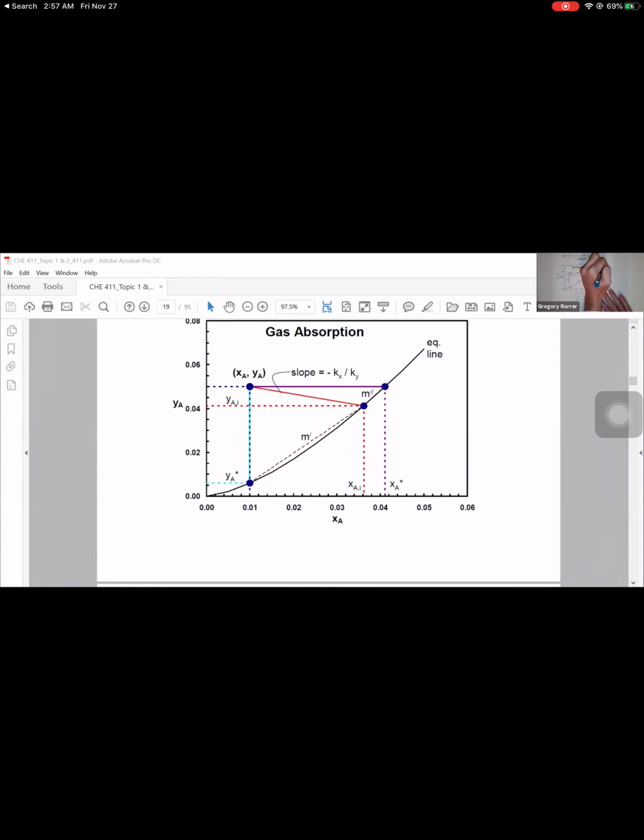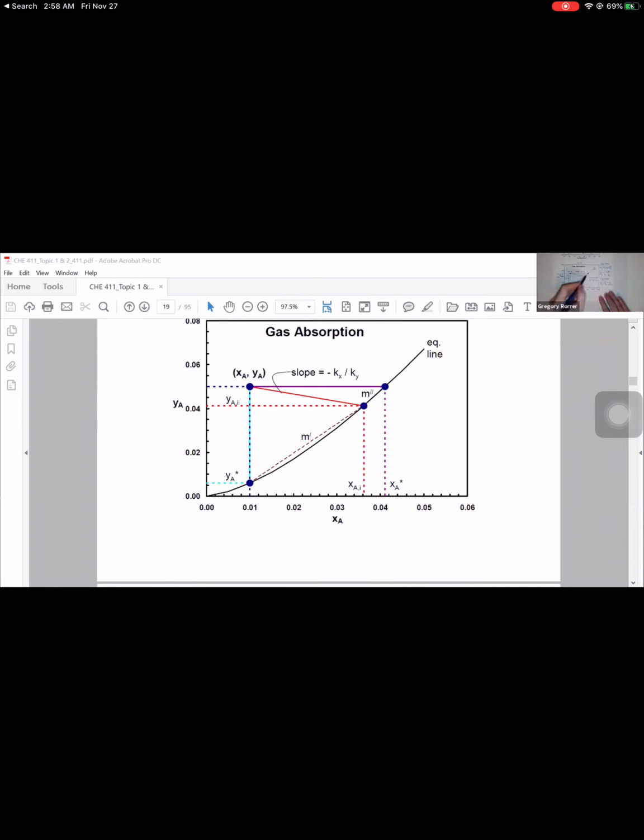Now, this is for the gas. It'll be called overall, because we're talking about going through both the gas film and the liquid film using YA star as that consistent units to define that K, capital K sub Y. And now for the liquid overall, you have the same thing, but now you're referencing that you have KX here and KY right here, and now that's going to be with respect to M double prime right here.